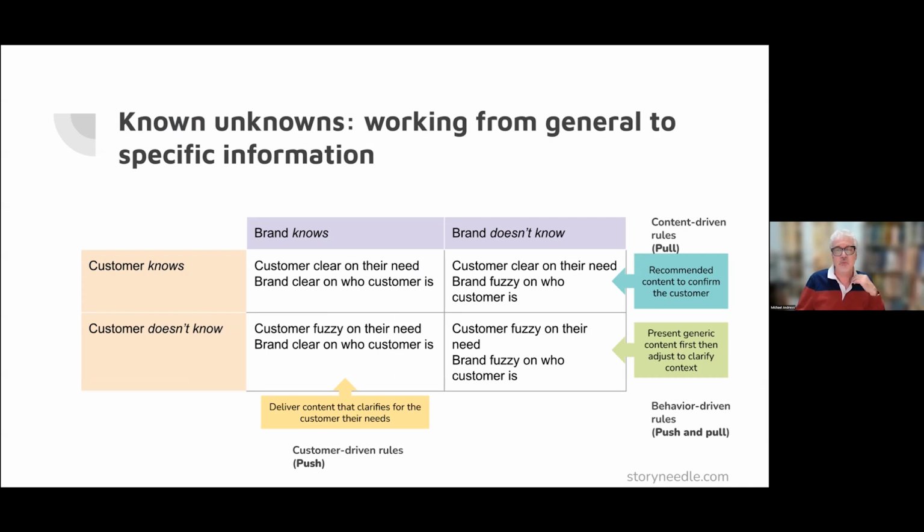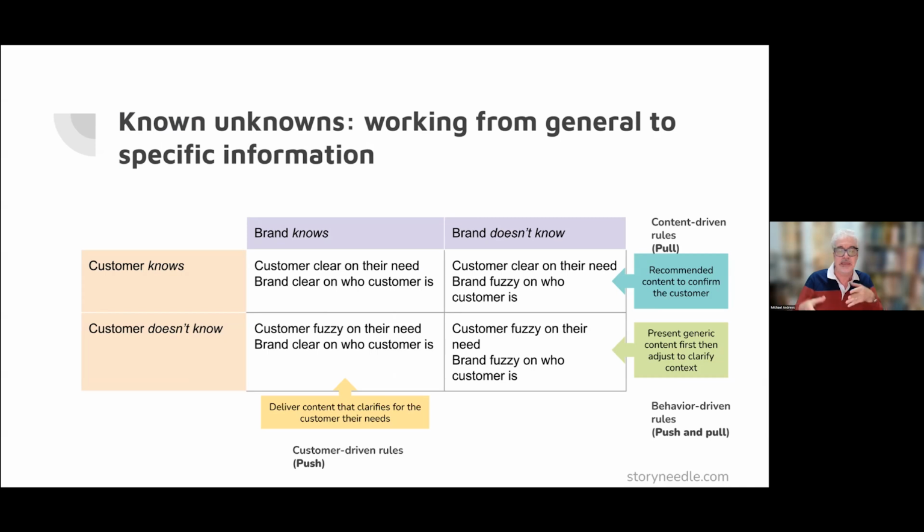Conversely, if we know who the customer is, but the customer isn't clear what they might need to know, and this sounds kind of funny, but think about a case like, we're going to be doing some system work on our product, and it's not going to be available. So the customer doesn't know that yet, but we know that customer is a user of that product. So, in that case, we need to push something at them.